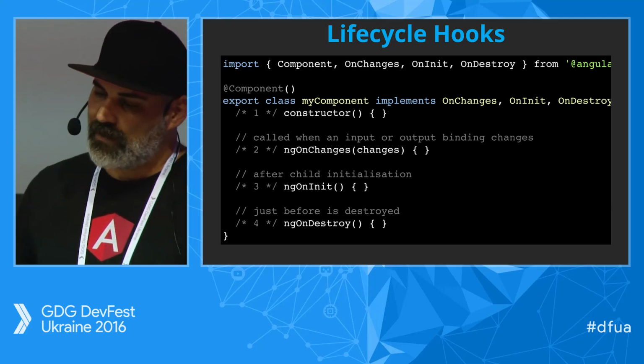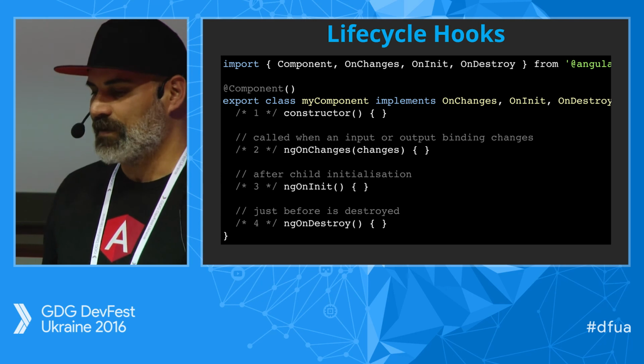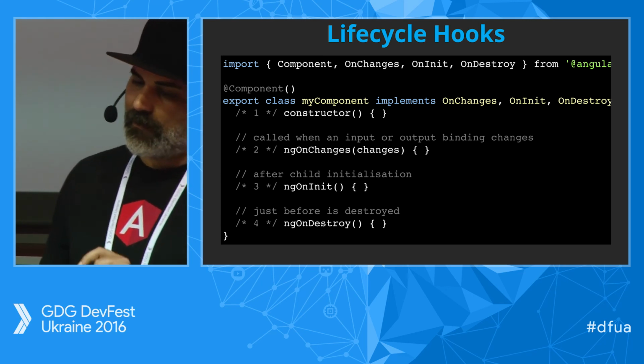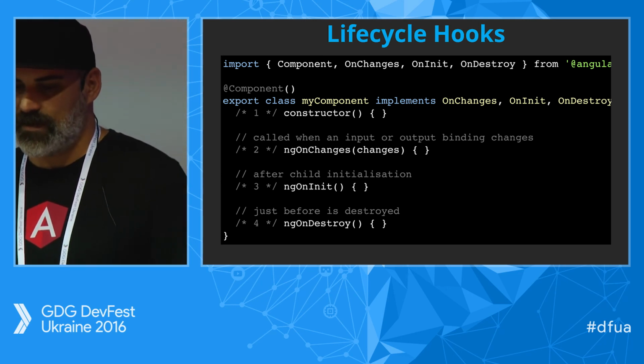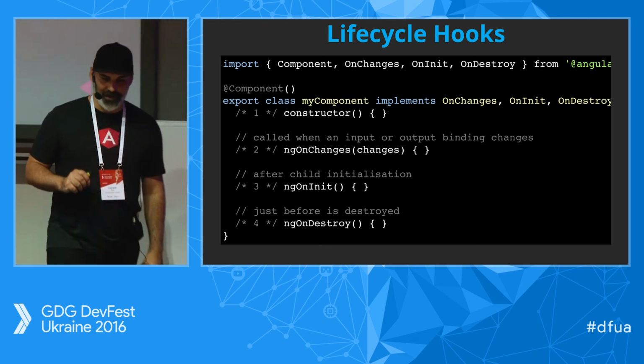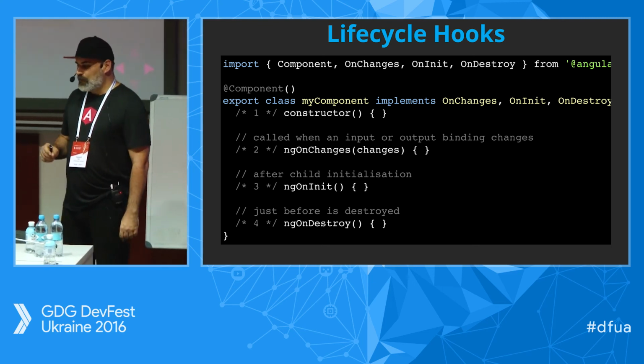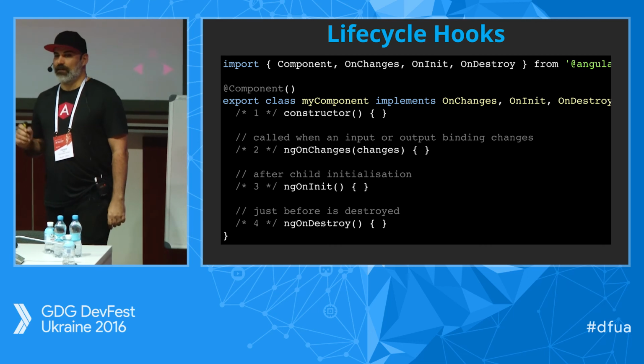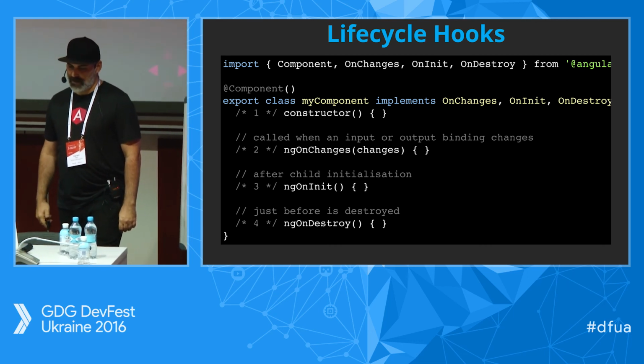So we talked about these lifecycle hooks. Let's see which is the order. The first one that will execute will be the constructor, and this will be executed by the dependency injection framework.